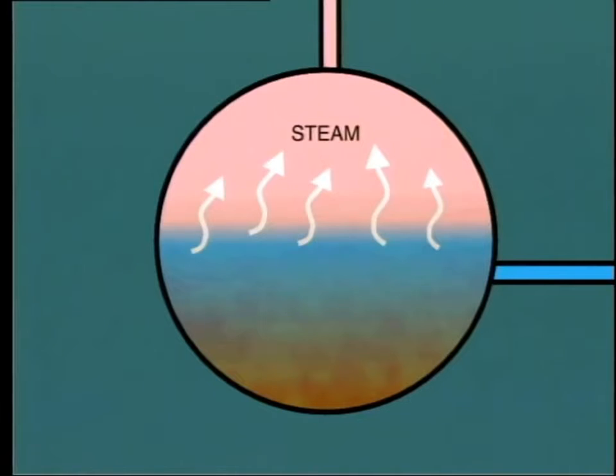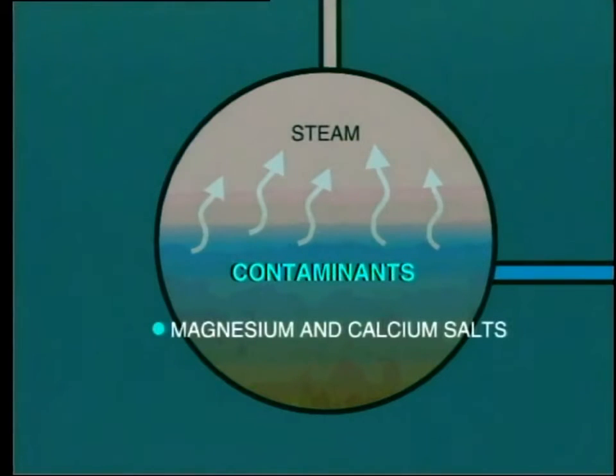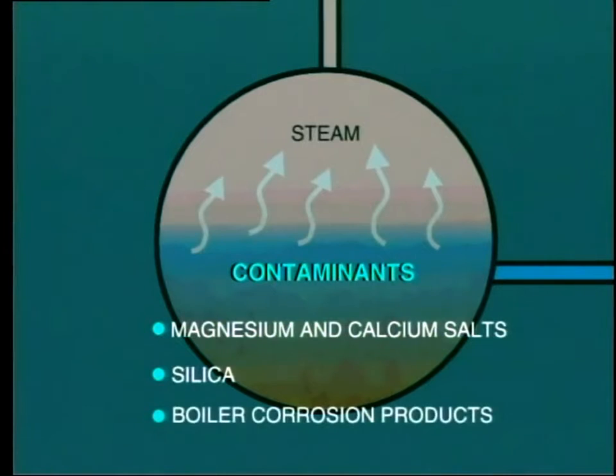This is the situation which occurs in the boiler. Generally speaking, the contaminants consist of magnesium and calcium salts, which are dissolved in the water and contribute to hardness, silica, and the products of corrosion of the boiler itself and the feedwater system, mainly iron and copper.